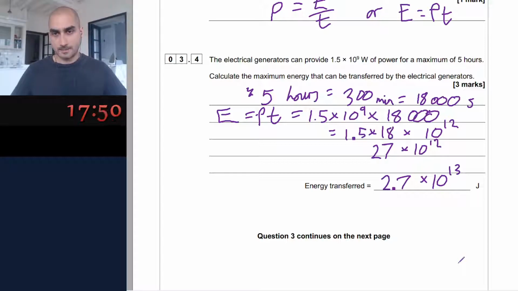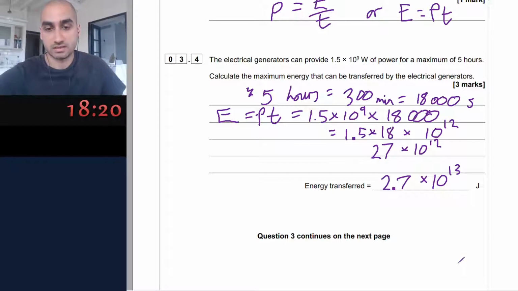Okay. Energy equals power times time equals 5 times 10 to the 9. I mean, that's a lot of watts. So I guess it makes sense.